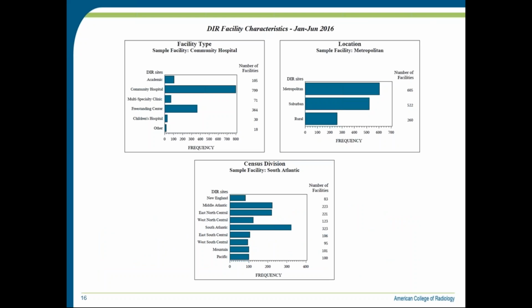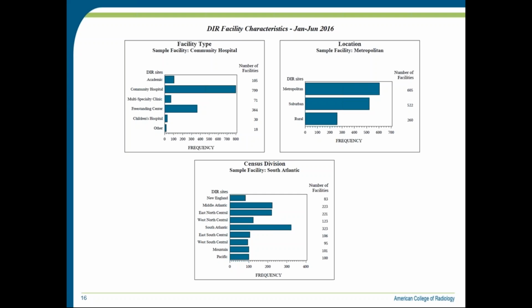Then we have a page showing the distribution of facility type, location, and census division for the participating facilities for January to June 2016. We have a large number of community hospitals. We have a good mix of metropolitan, suburban, and rural facilities, as well as participation from all census divisions across the US.